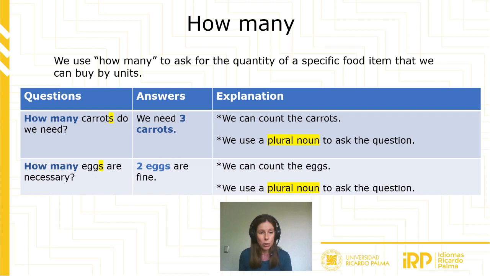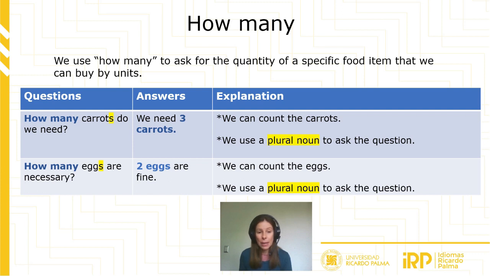For example, the question, how many carrots do we need? We need 3 carrots. We may need 1, we may need 2, 3, or more than 3. We can count them. And notice that we use a plural noun to ask the question. Carrots with an S.